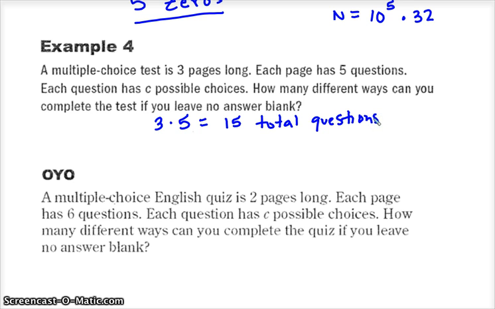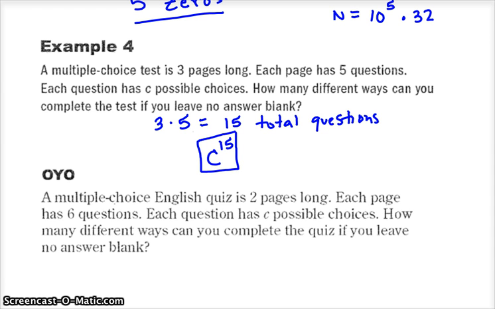Now, how many different ways can you complete the test if you leave no answer blank? Each question has C possible choices. So since there are C possible choices and there are 15 questions, there would be C to the 15 ways to answer that quiz.